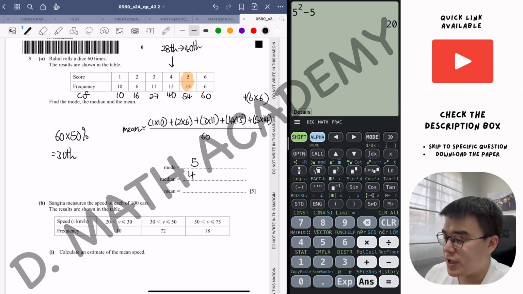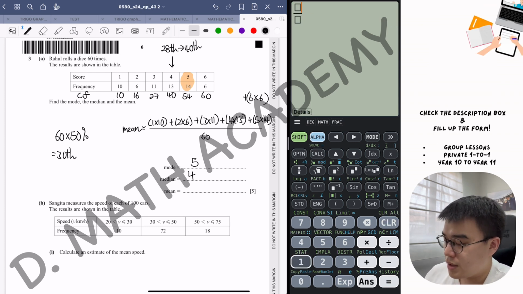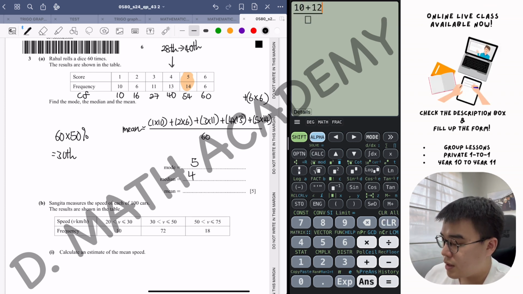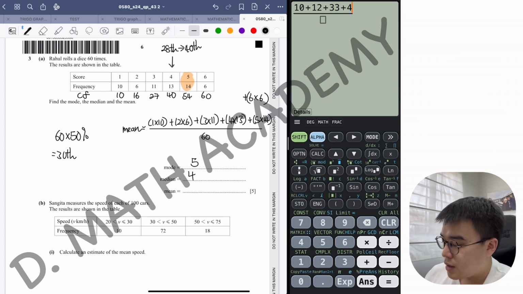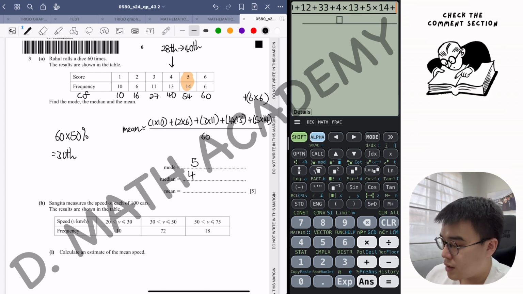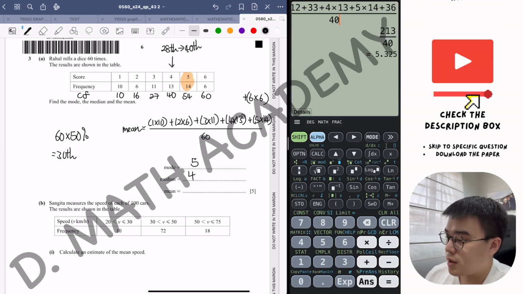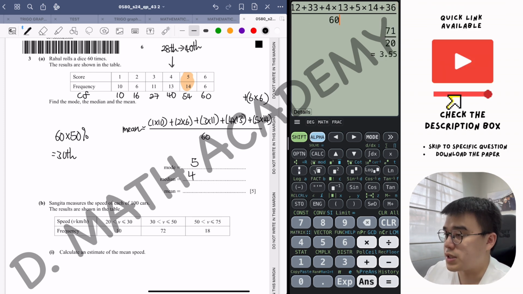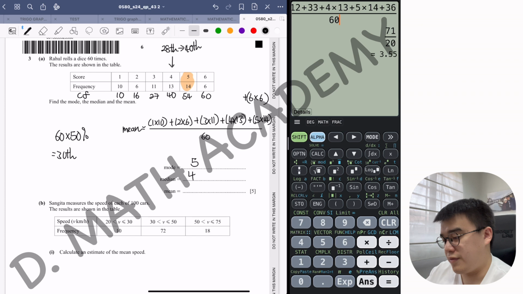So compile everything and calculate it accordingly. Okay, you will get your answer as 3.55.